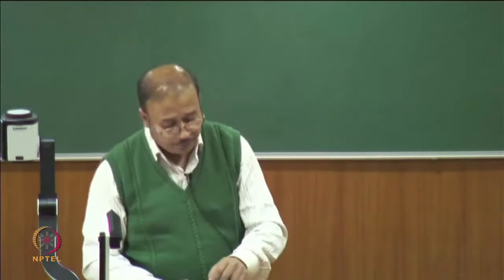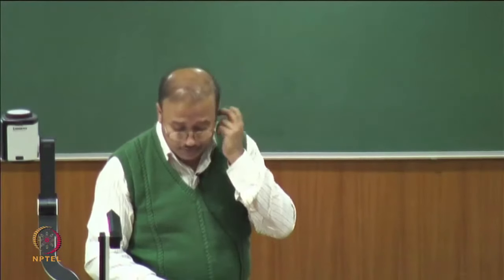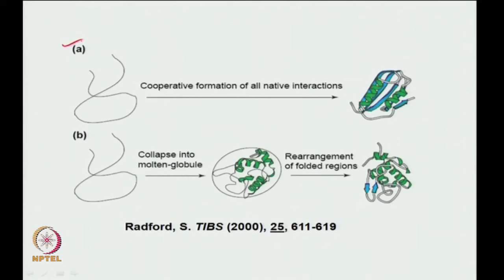Now, you can have part B, in which you have an intermediate like a molten globule you saw in the previous thing, and then this again rearranges to form a final native state. Remember, I am not telling you what the molten globule is, but what does molten mean? Molten means melting, right. See how this one is different from the final native state. This portion and some portions of these do not have the structure.